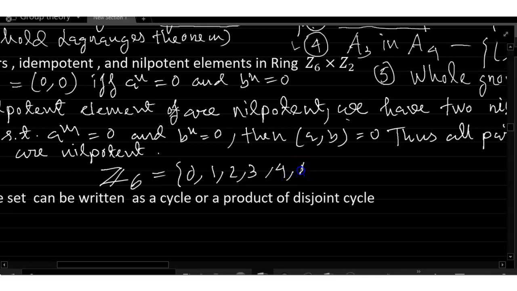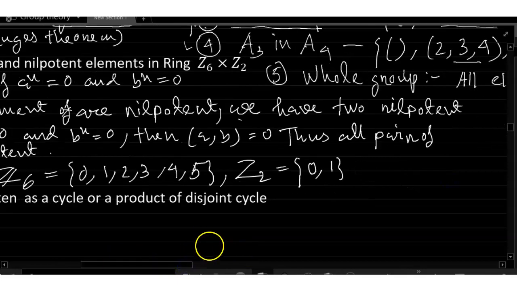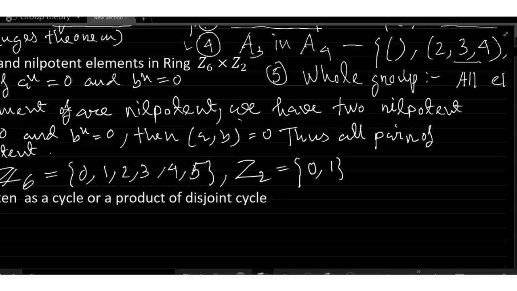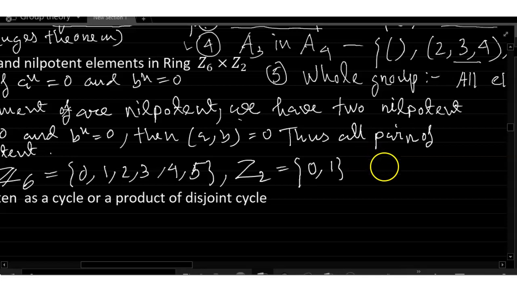1, 2, 3, 4, 5. This is Z6. So nilpotent elements in Z2, that is 0, 1. The nilpotent element is 0, since 0 squared is equal to 0.